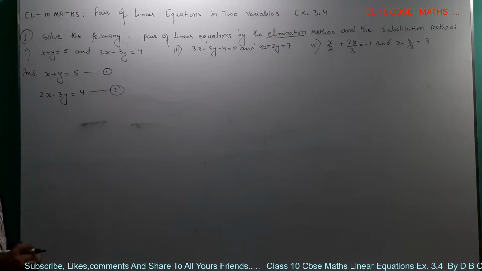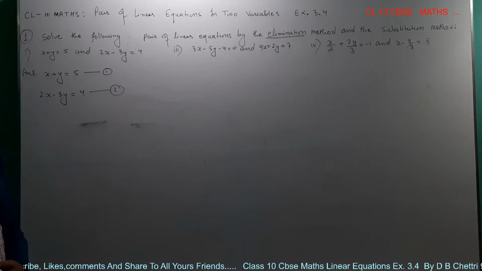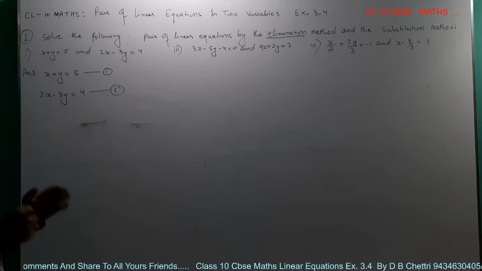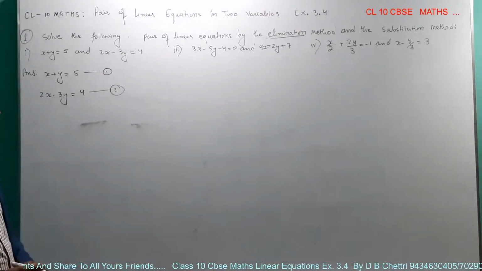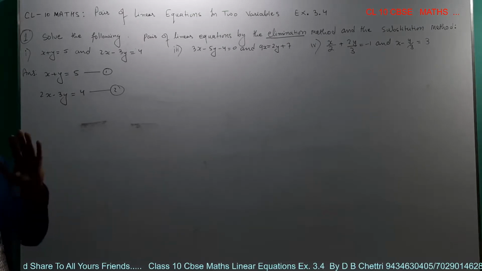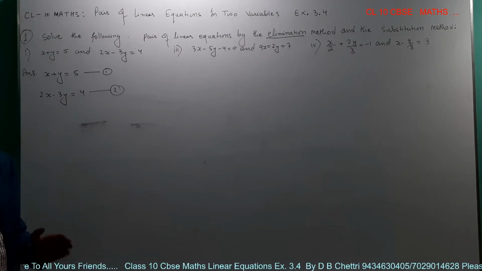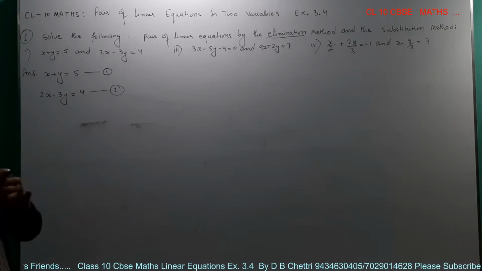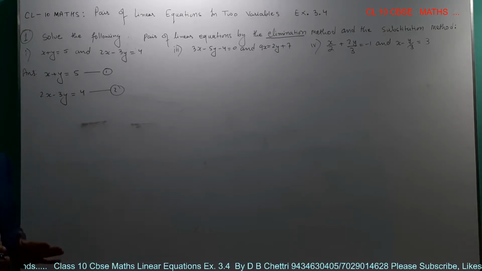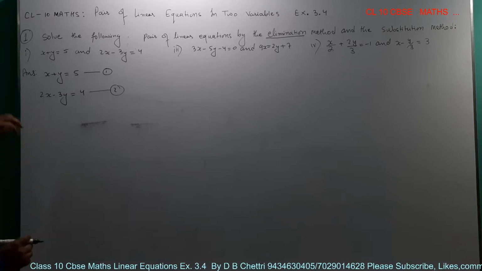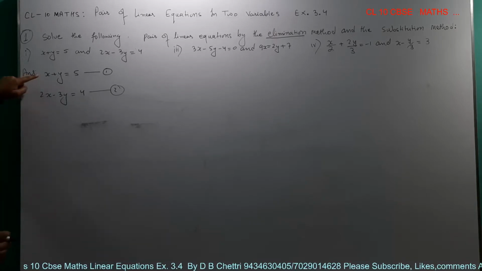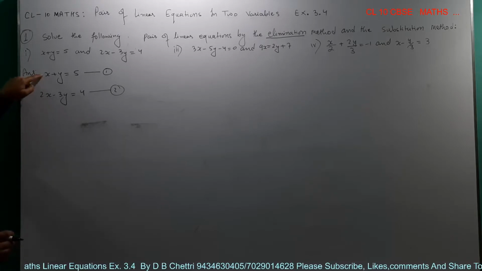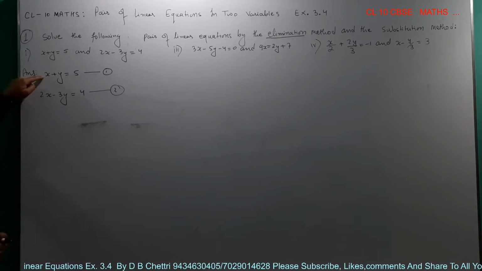Elimination method means removing one of the variables, and to remove one of the variables, the coefficient of that variable must be the same. If their coefficients are not the same, then exchange their coefficients and multiply the whole equations. Suppose you want to make the coefficient of x the same. What is the coefficient of x here? 1.